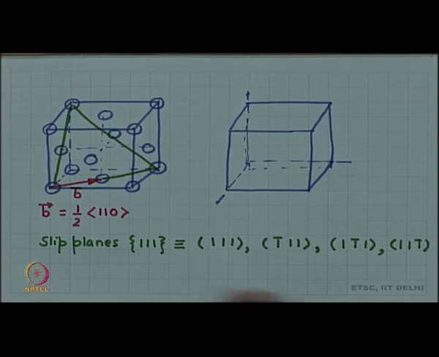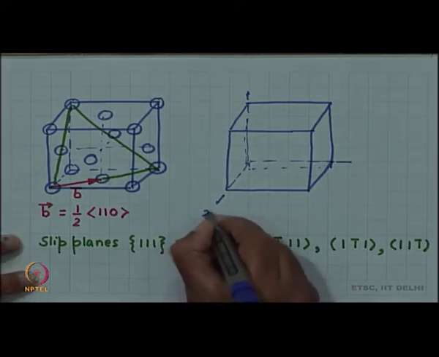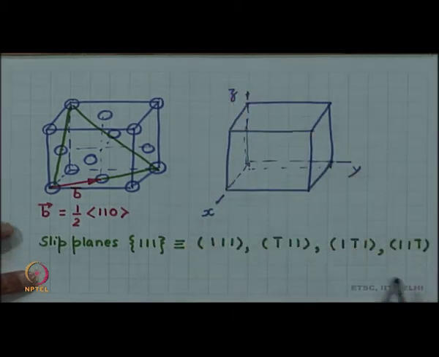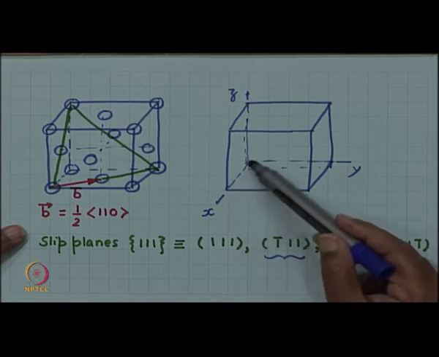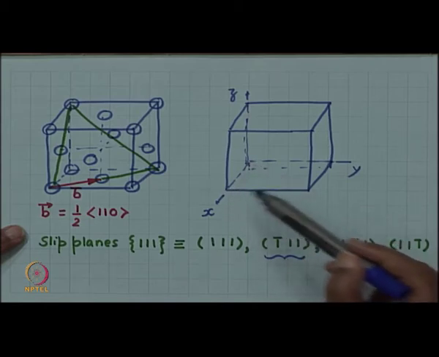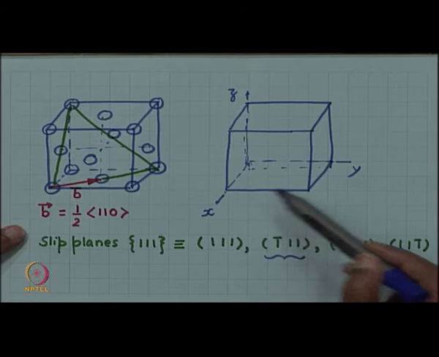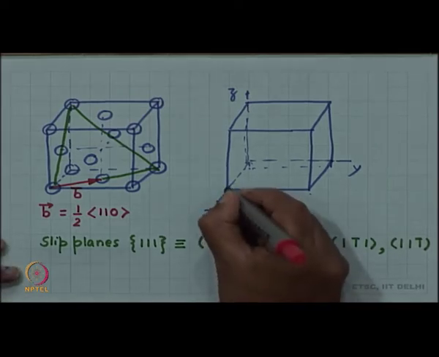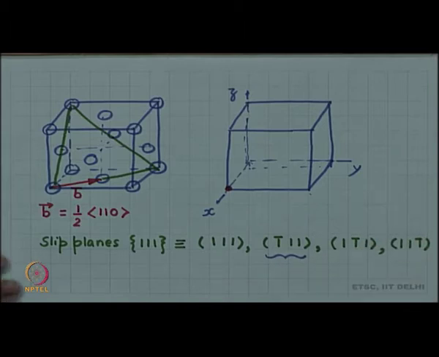So, let me draw 2 of these planes. Let me take bar 1 1 1. So, let me use this as x, y and z, and let me draw the bar 1 1 1 plane. I need to go negative in the x axis, positive in the y and positive in the z. So, this may be a suitable choice of origin for that purpose.